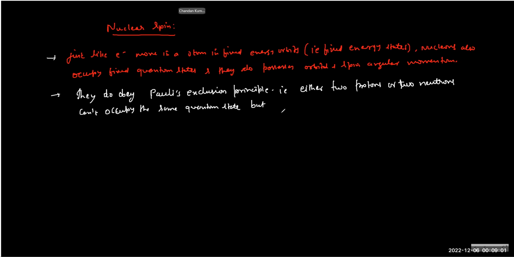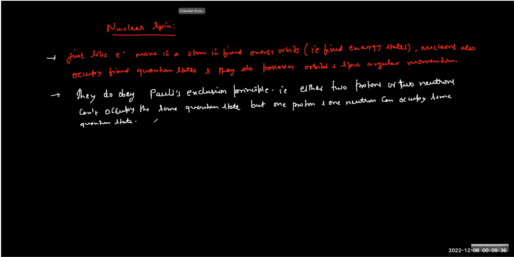But there's an interesting thing. See, it is forbidden for two protons or two neutrons to live together. But one proton and one neutron can occupy the same quantum state. And how to explain this? The nature is favoring the pairing.